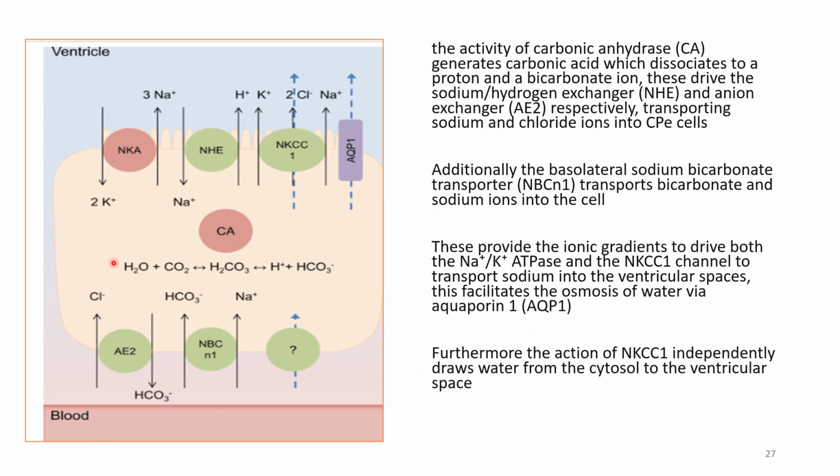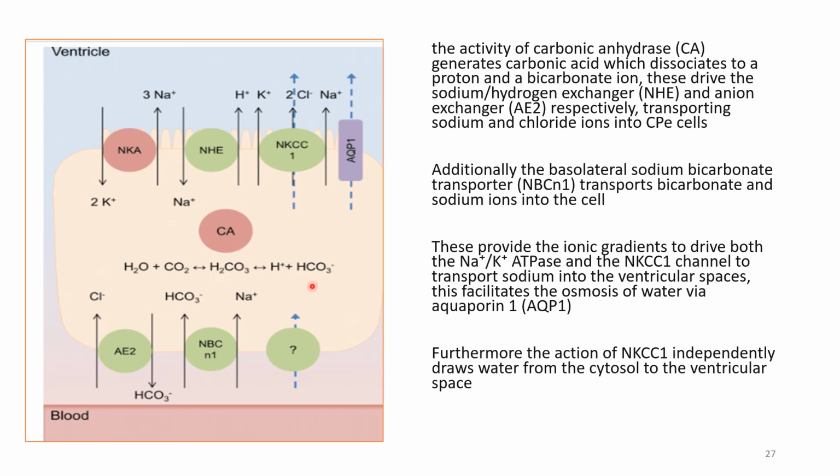See this? This is the ventricle. So CSF is present here. This is one ependymal cell. This is the capillary which is having blood. So what is the actual mechanism by which CSF is formed? We have carbonic anhydrase enzyme in the ependymal cell. What is the activity of carbonic anhydrase doing?